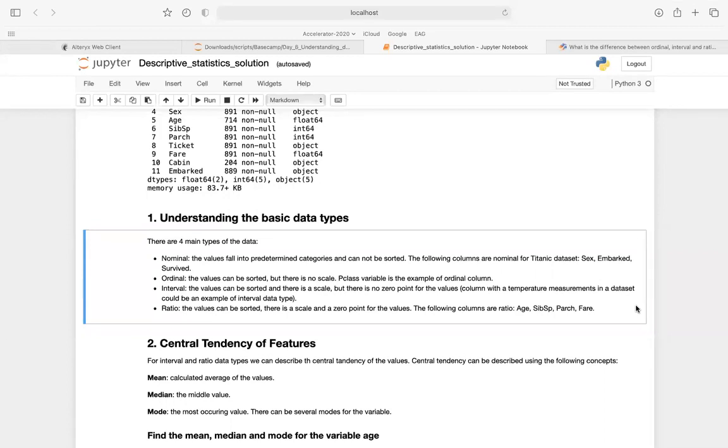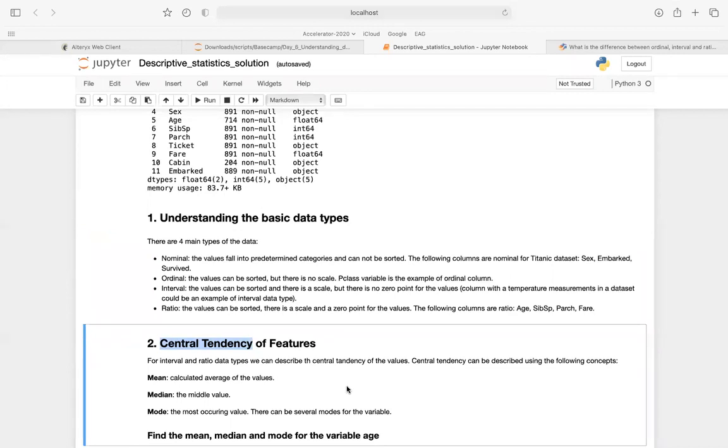So central tendency is one of the very important elements of descriptive statistics. Let me tell you the very straightforward meaning of it. If you look at this word, central tendency, it simply tells you: do I have any central number using which I can describe my entire data?